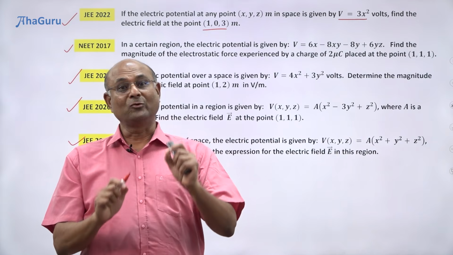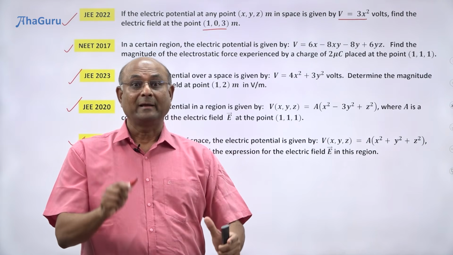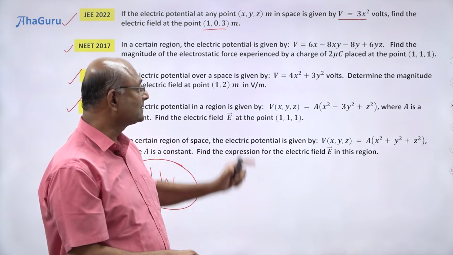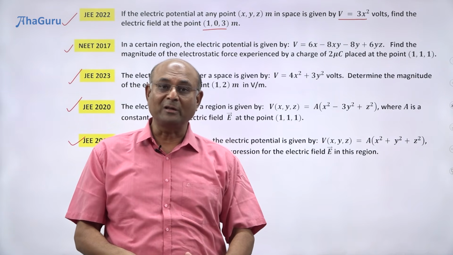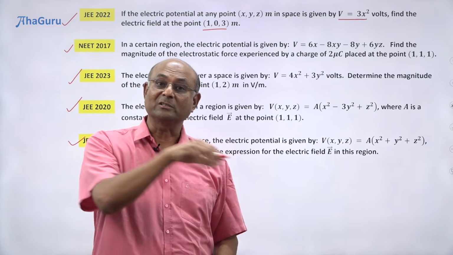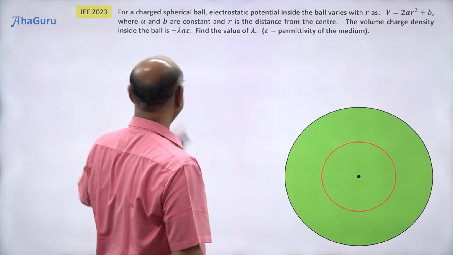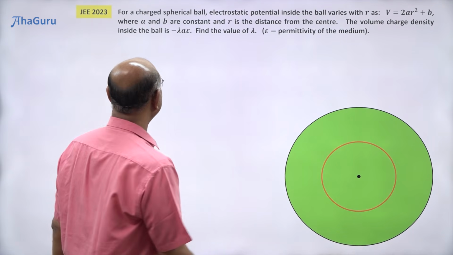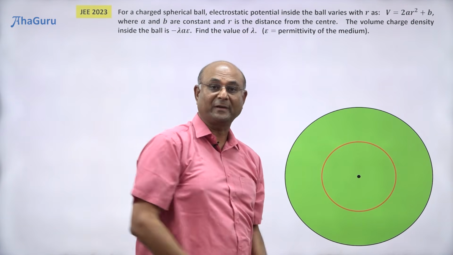Now, I'm going to look at one question which is slightly different because it not only involves finding the electric field from the potential, it also involves using Gauss law. That appeared in the JEE in 2023 for a charged spherical ball. So this is the charged spherical ball.